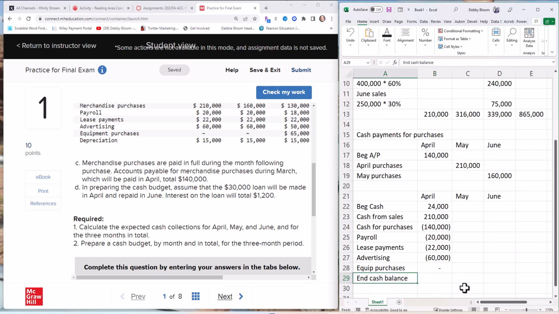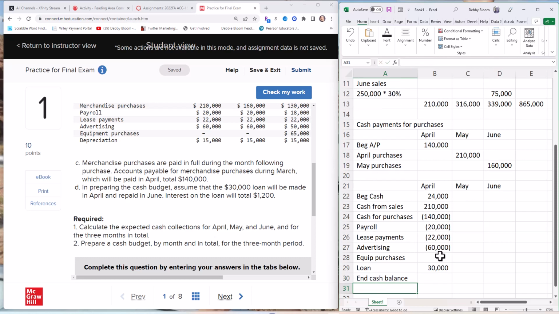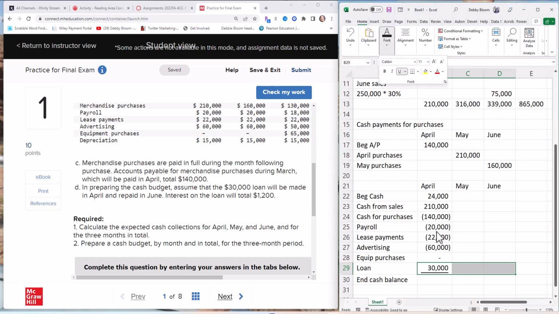So actually, instead of calculating the ending cash balance, we're going to have our loan, and we're told that the loan will be made in April, so we're going to receive $30,000 in April. Now we can calculate the ending cash balance, and since I put in the cash payments as negative numbers, all I have to do is add up the column.